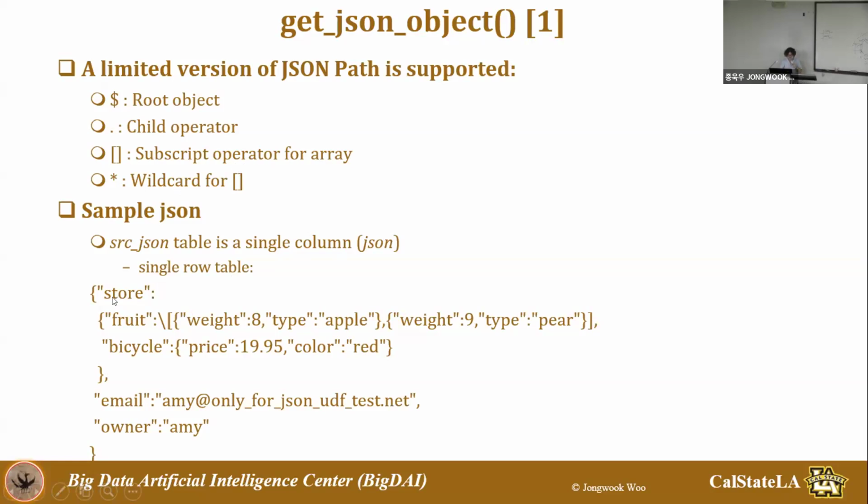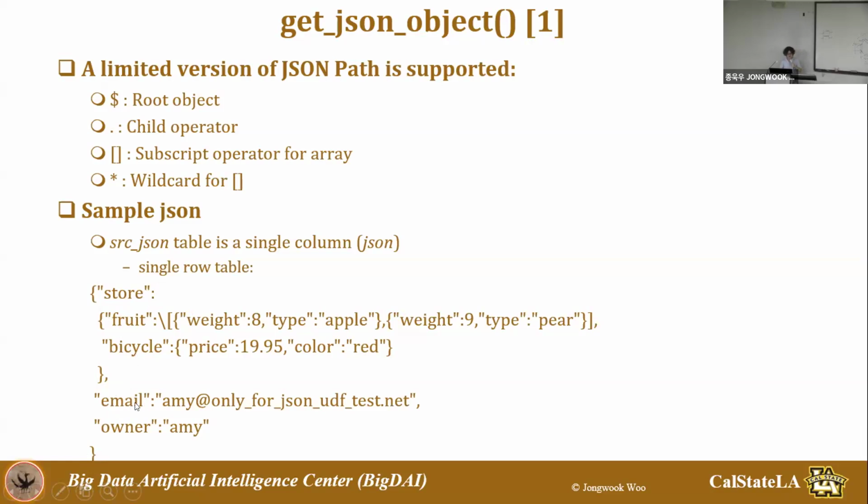Suppose that we have this JSON file, and this is a single record of the JSON file, and the single record is enclosed within curly brackets. It's like a single row of the table. So for a single record, you have a store element.